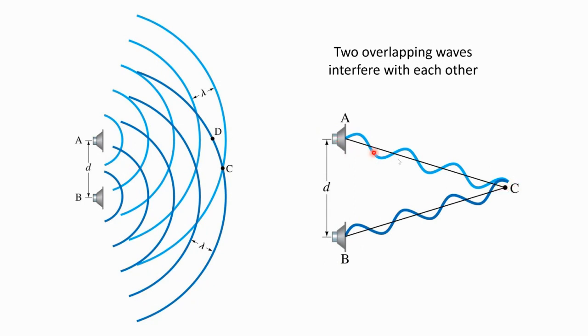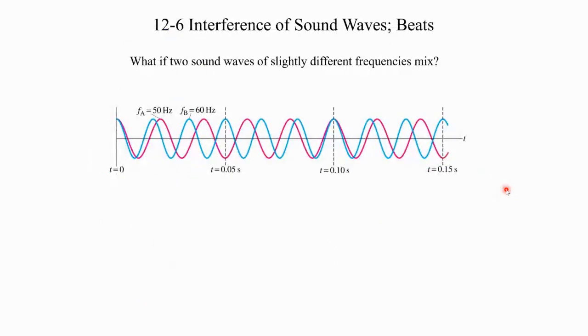In other words, we have maximum compression coming from A, you also have the maximum compression coming from B, and so you get twice as much of maximum compression at that moment. Constructive interference at C. But what happens if the frequency from the two speakers are a little bit different?